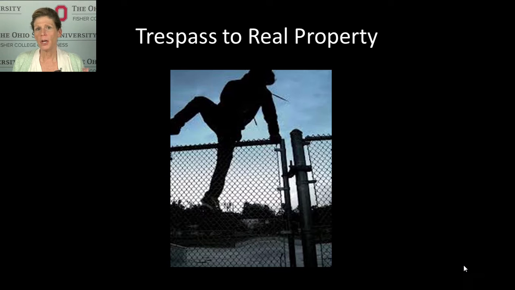Let's say an owner of some property put bear traps on their property because they don't like kids crossing their land on their way to school. That's going to be a problem because they have created a great danger to people who are trespassing on their property. They're not just trying to protect their property. So you do need to be reasonable in the way that you deal with people who are on your property.